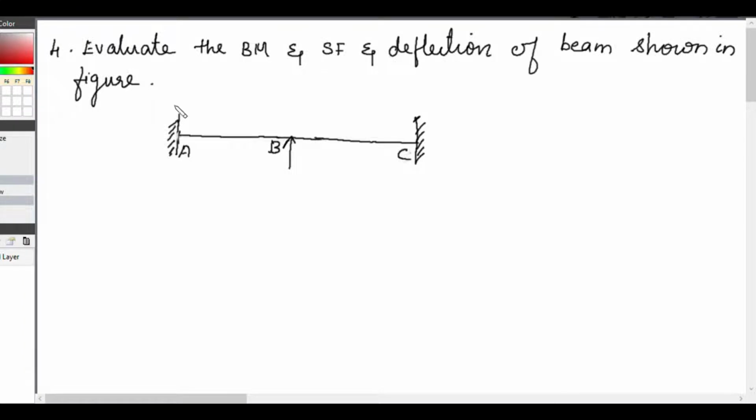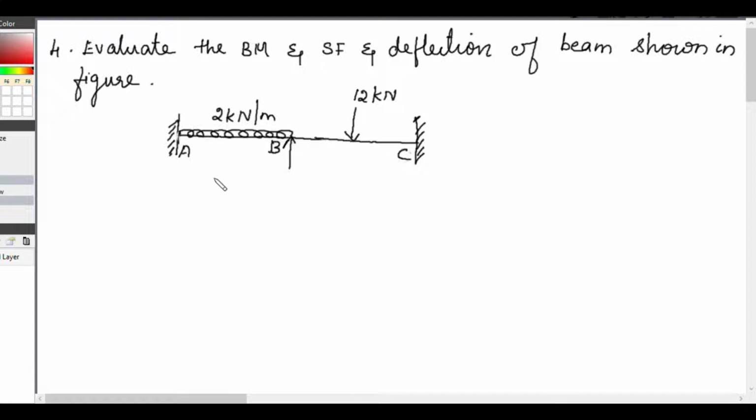Now this is subjected to a UDL of 2 kilonewton per meter over the span AB, and at the mid of the span BC we have a 12 kilonewton concentrated load.